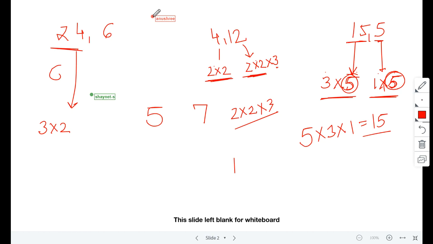That means you just have to split 24 in the same manner, like we have done with 12, right? In the same manner, split 24.